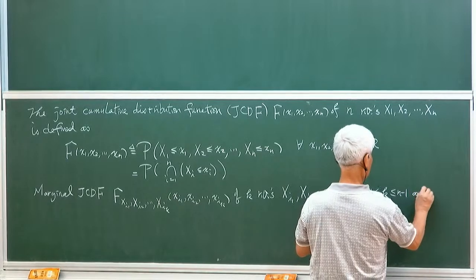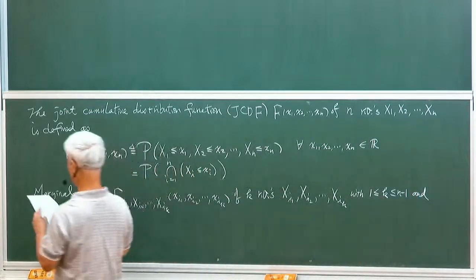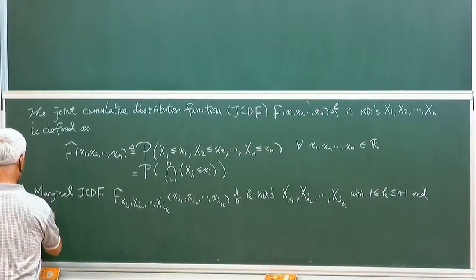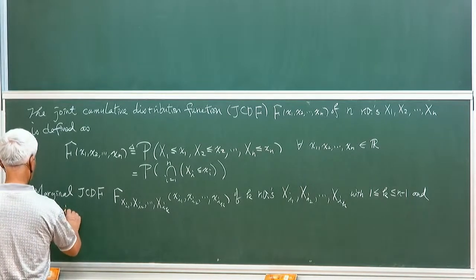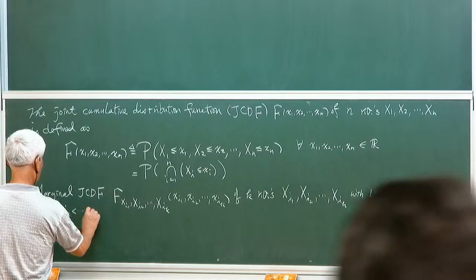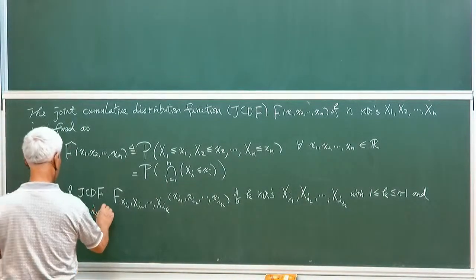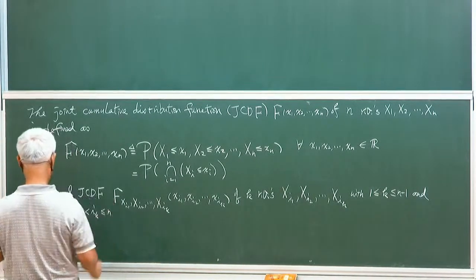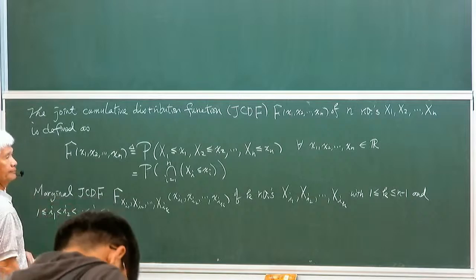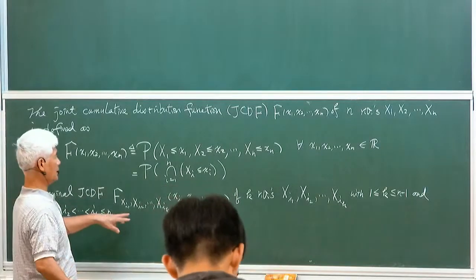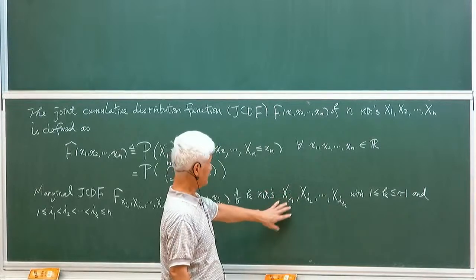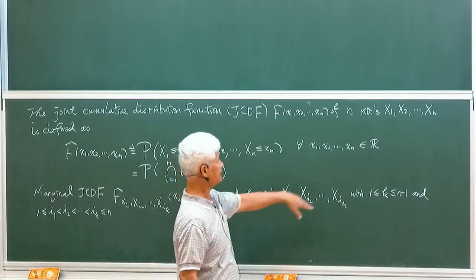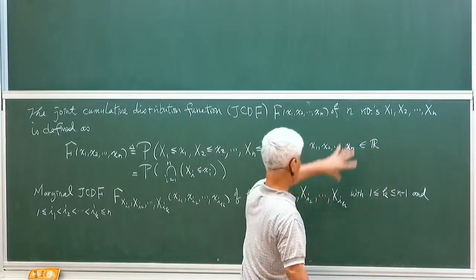And the indices will be 1 less than or equal to i1 less than i2 less than ... less than ik less than or equal to n. Okay. So you can see this is just k random variables out of these n random variables.